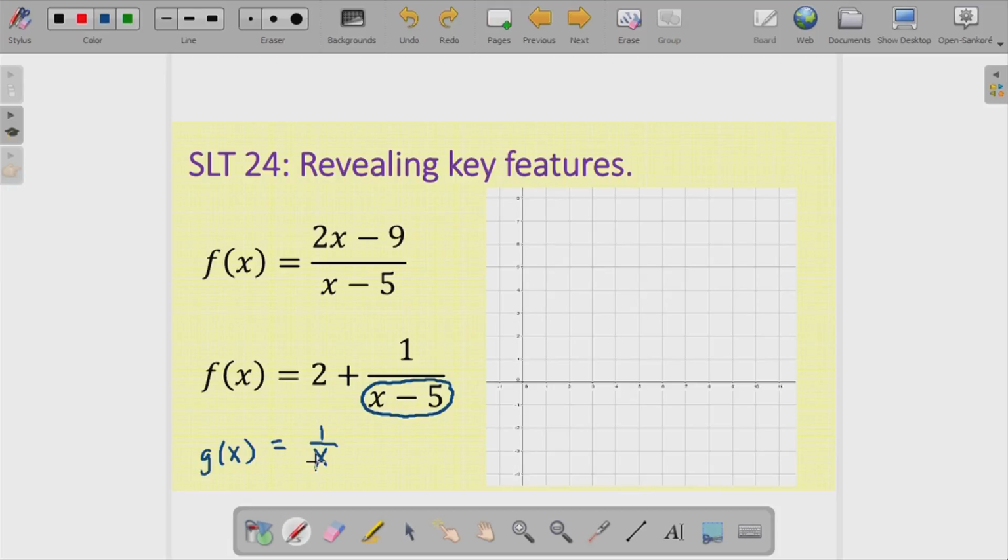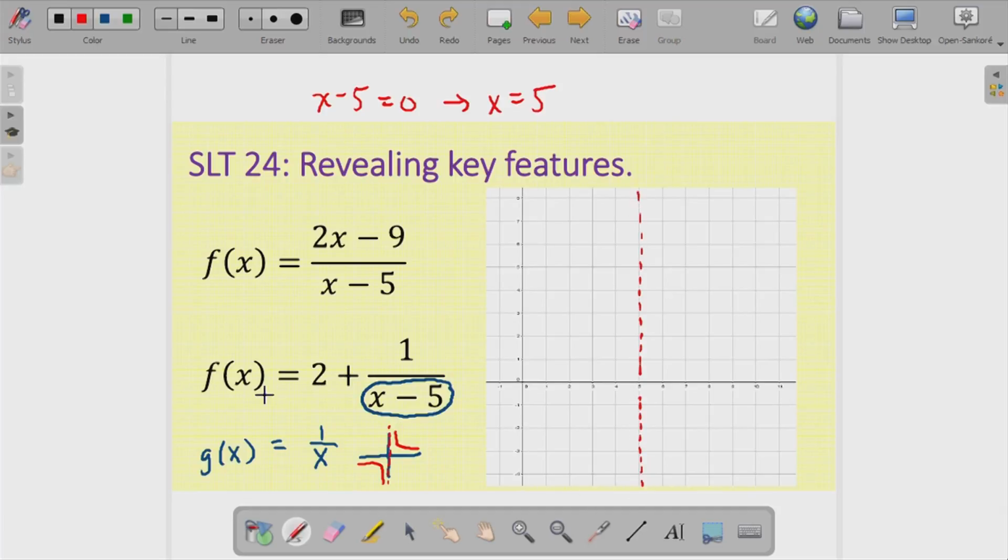We know that when x is close to 0, g of x gets really, really large. And so that's why we saw a vertical asymptote for that graph at x equals 0. This graph, however, has an interesting feature at the value of x that makes x minus 5 equal to 0, which of course would be x equals 5. So one thing that becomes evident on this is that the vertical asymptote occurs along the line x equals 5.